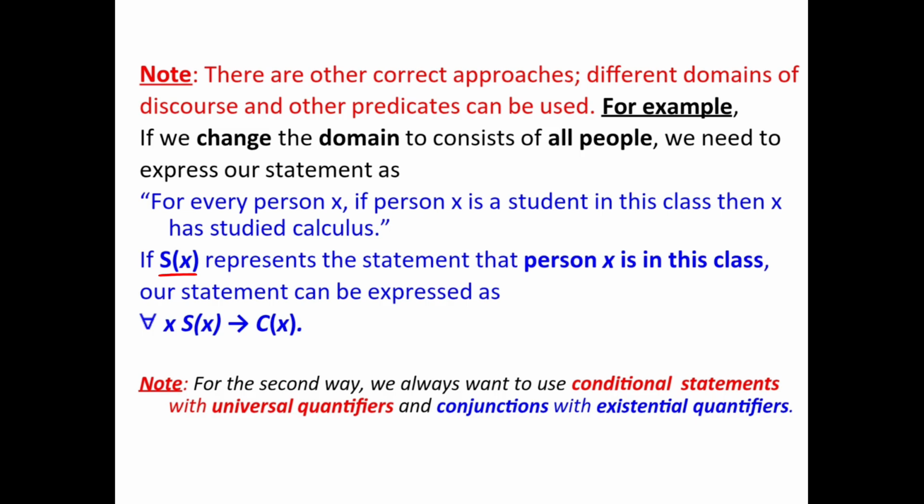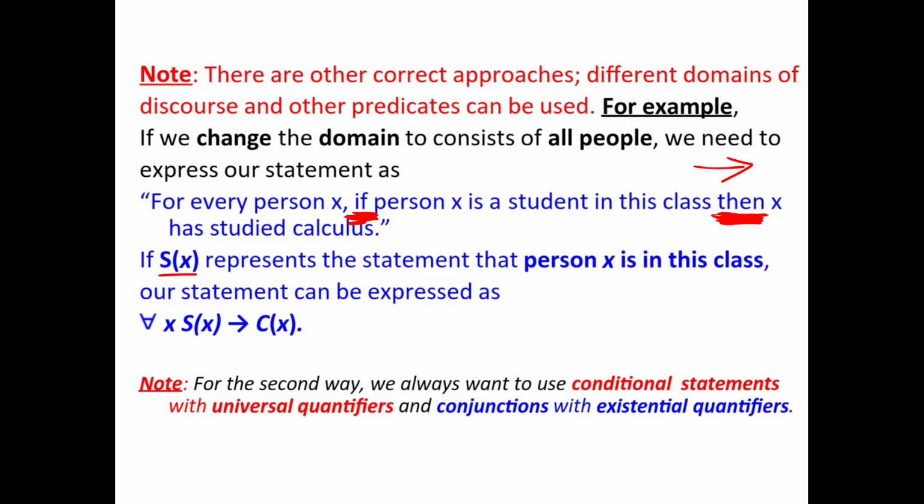So we see the word then. The if then word, so watch out for it. So there is an if then word. The symbol for if then is an arrow. So for example, we have if person x is a student in this class, so if that person is in the class, then therefore they have studied calculus.